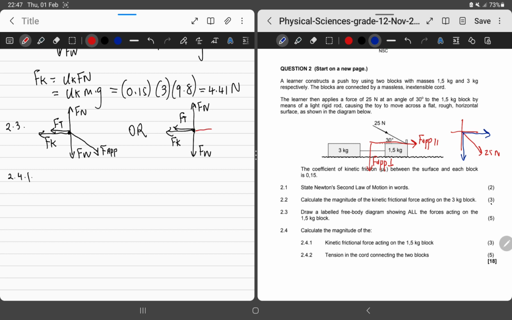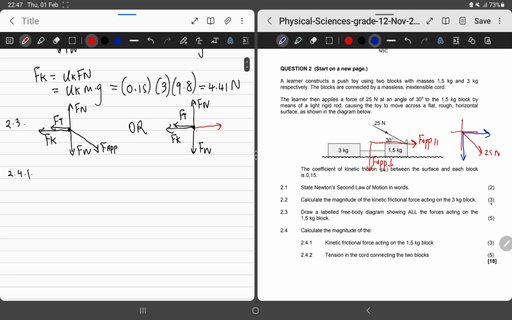So this is F applied parallel, and this is F applied perpendicular.